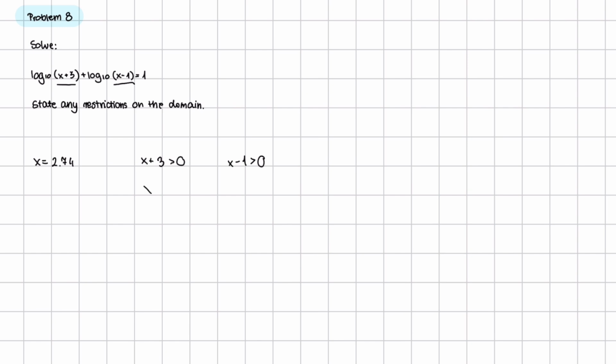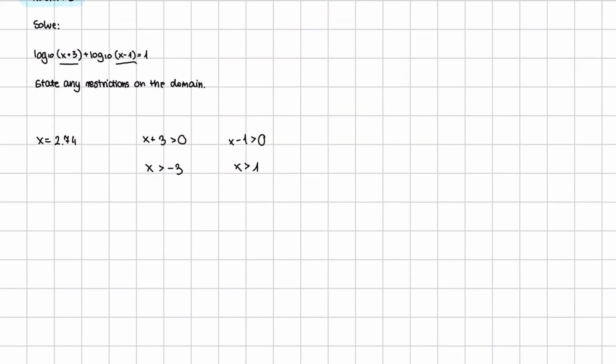So x has to be greater than minus 3, and x has to be greater than 1, and their common part is x greater than 1, so our final domain is x greater than 1.